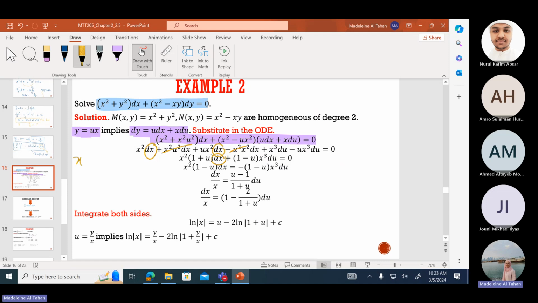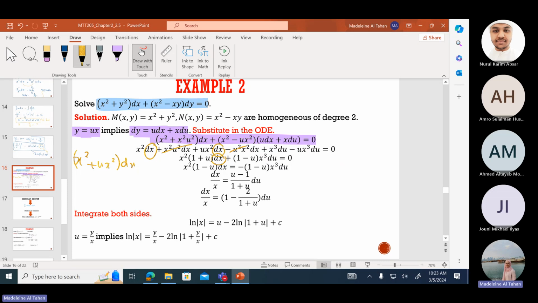So we have x squared plus ux squared dx, right? Plus ux squared dx, and here minus u squared x squared dx. We are expanding, term by term multiplication.